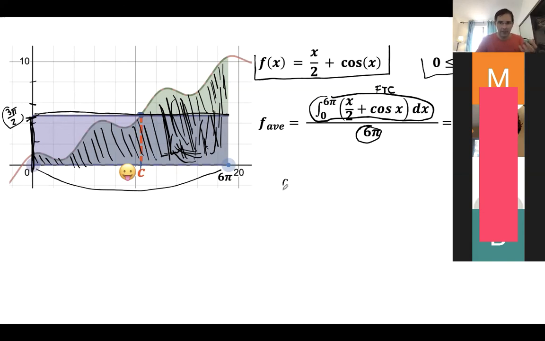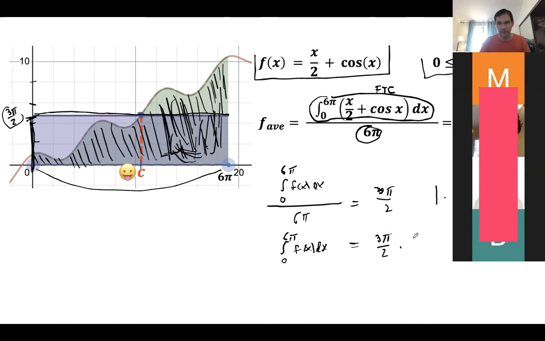I have this integral from 0 to 6 pi of f of x dx, and then divide this by 6 pi, and that's equal to the average value, which is 3 pi divided by 2. So if you multiply both sides by 6 pi, you get that the integral from 0 to 6 pi of f of x dx is equal to 3 pi divided by 2 times 6 pi.